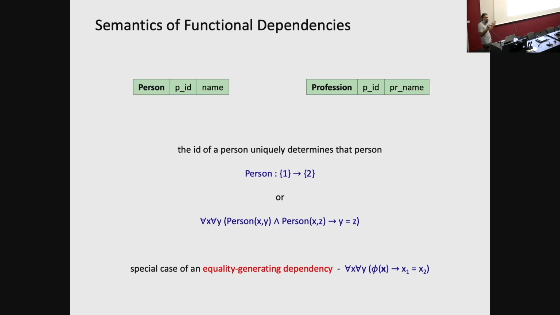Every functional dependency can be expressed as a set of equality-generating dependencies. But I will not say much about EGDs for short. I will just focus on functional dependencies, but I wanted to make the connection for those that are familiar with EGDs.